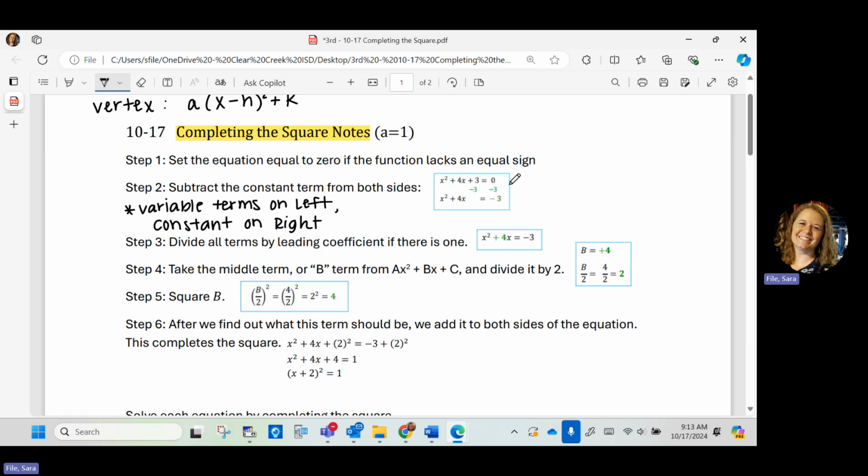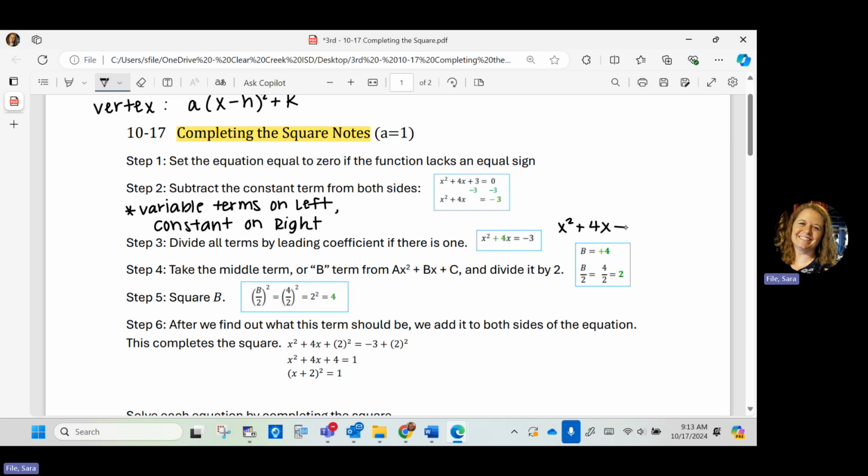What I'm going to be doing is writing my variable terms, and then I'm going to put a plus blank, and then I'm going to have my constant on the other side, and I'm going to put a plus blank. I add these plus blanks on both sides because I'm trying to create a perfect square trinomial on the left side here.